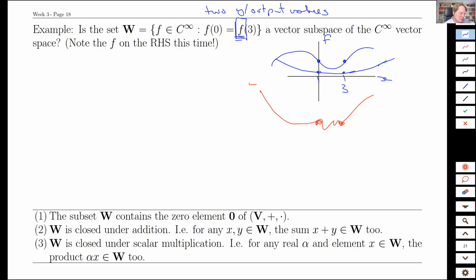So getting to Mark's question, the output doesn't have to be 0 here. There's nothing here about 0 values at all. But what we're going to find is that W is, give it the name, a vector subspace.